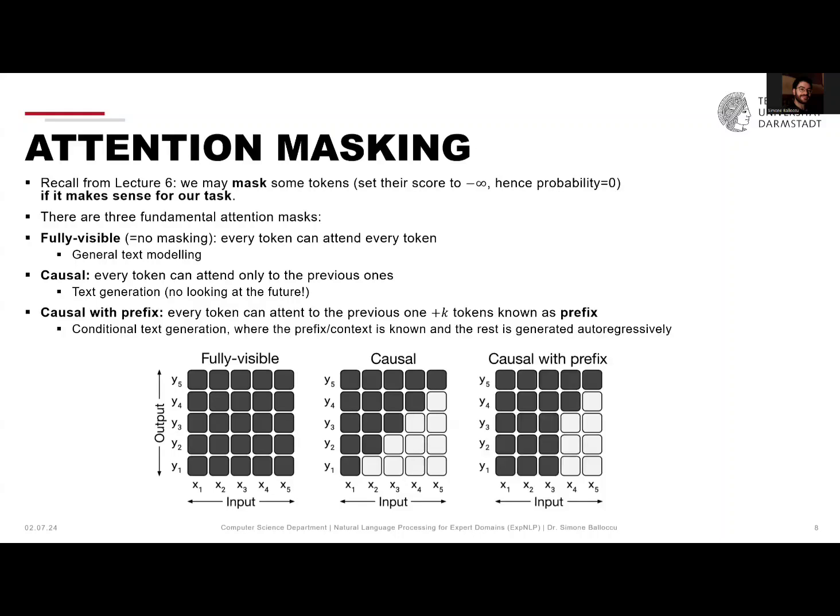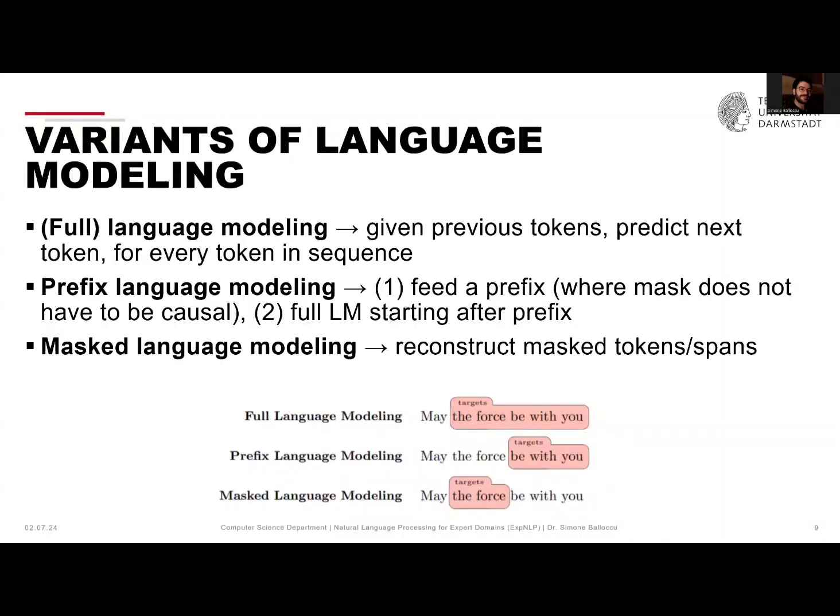And then we have causal with prefix, where every token can attend to the previous ones plus a certain number of tokens, let's say k tokens, that we call the prefix. It's cool for conditional text generation, so those situations where we have a prefix that is always known and the rest is generated autoregressively. As a consequence of this, we have full language modeling: given the previous tokens, predict the next token for every token in the sequence.